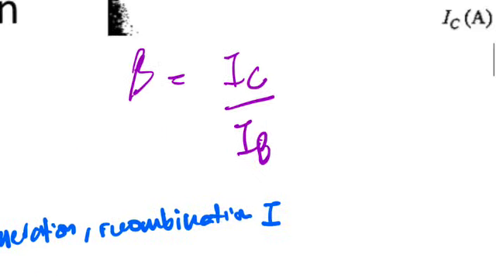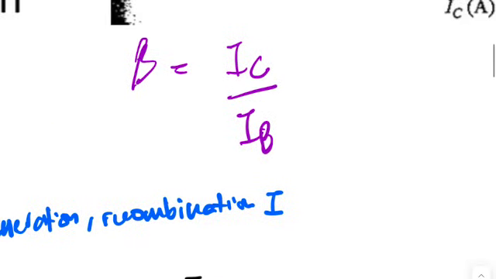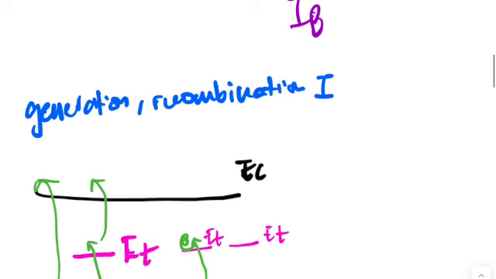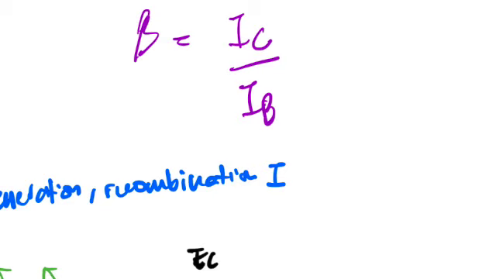So at very low collector current, the effect of defects is larger. Therefore IB will be a high value.